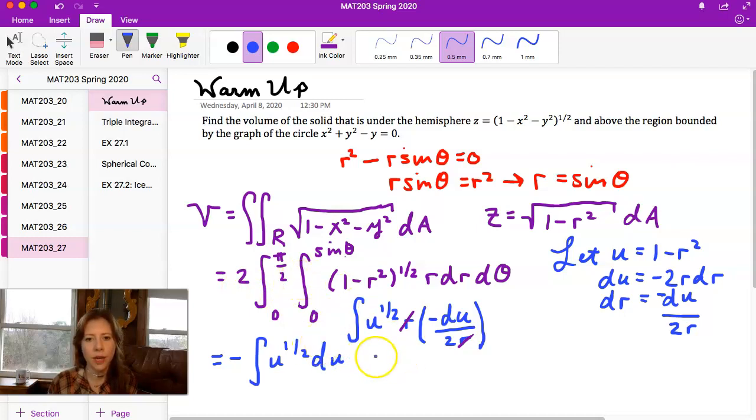Okay, and so when we integrate, we end up with u to the 3/2 times 2/3. So minus 2/3 u to the 3/2. Then we plug back in 1 minus r squared for our u.